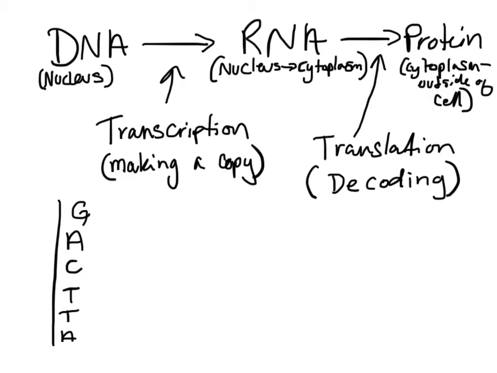DNA is semi-conservative, which means when it makes a copy of itself, what's the complementary side here? It's complementary, meaning it matches up, right? G to C, A to T, G, A, T.